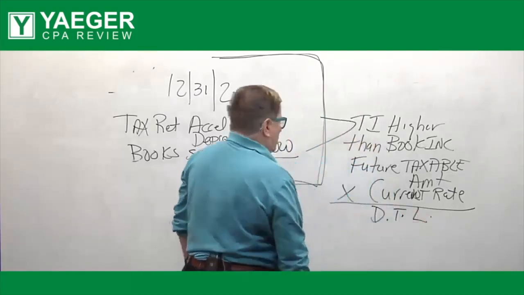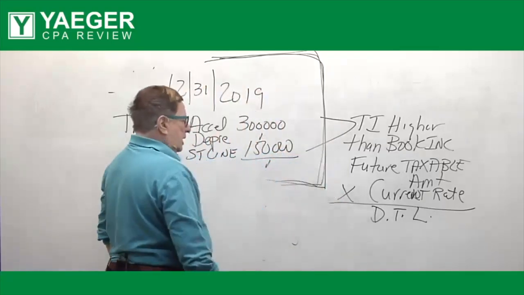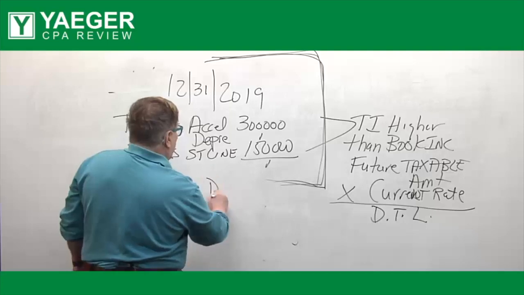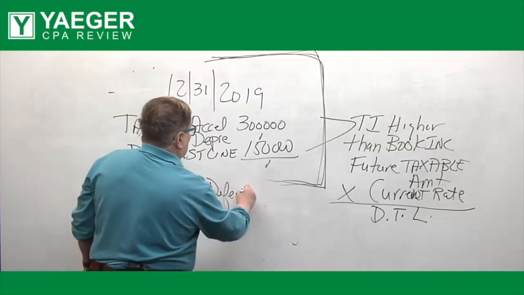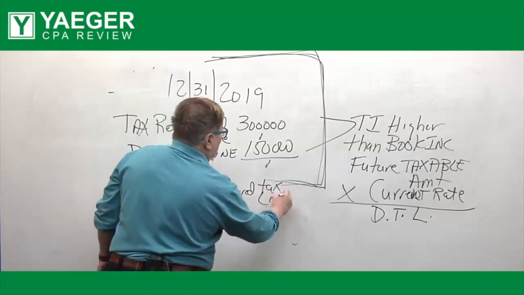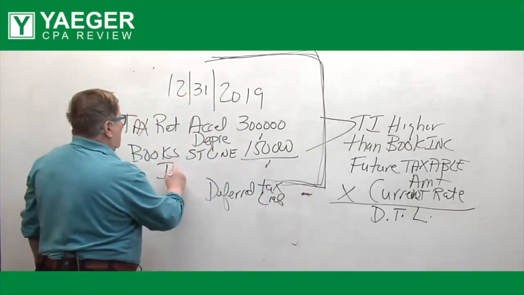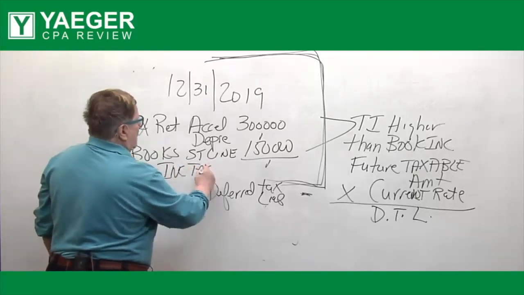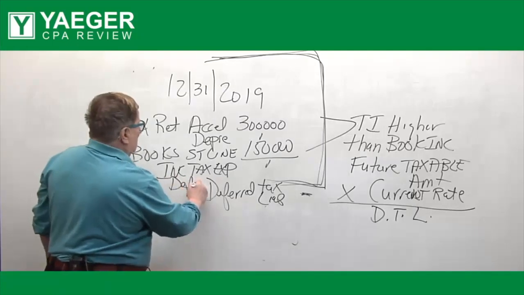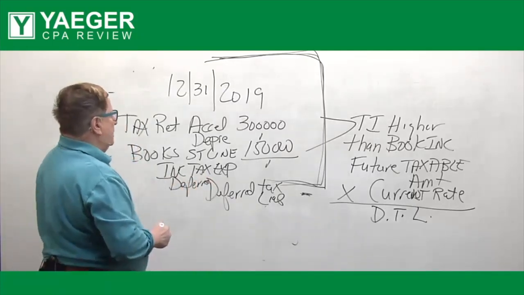Now, you're going to record that deferred tax liability at the end of 2019, and what you're going to do is credit deferred tax liability, whatever it is, and the plug is to income tax expense deferred. Now, at the end of every year, you're going to do this.